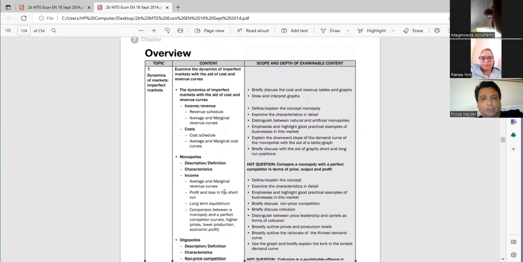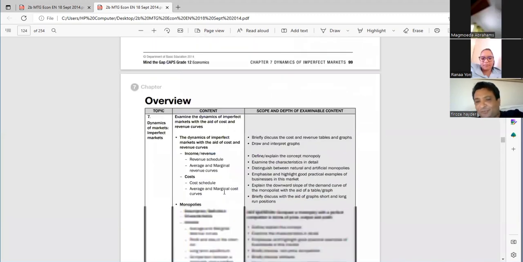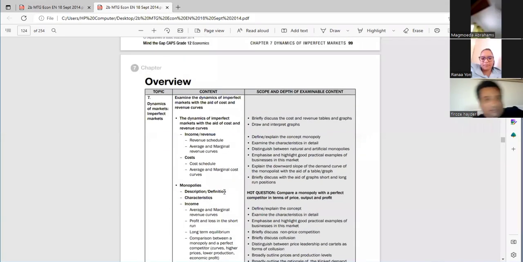Okay, now we're going to do imperfect markets. One of the imperfect markets that you need to understand, there's actually three. Who can tell me what the three imperfect markets are that we need to know? It is the monopoly.